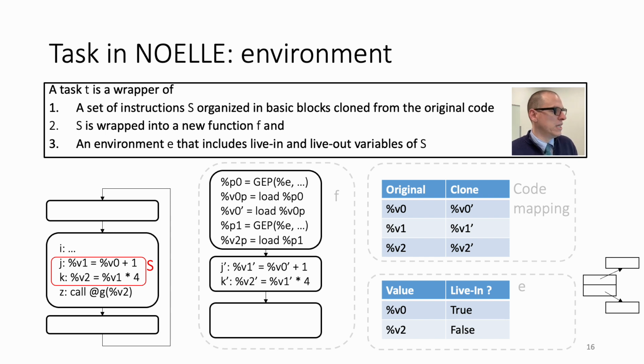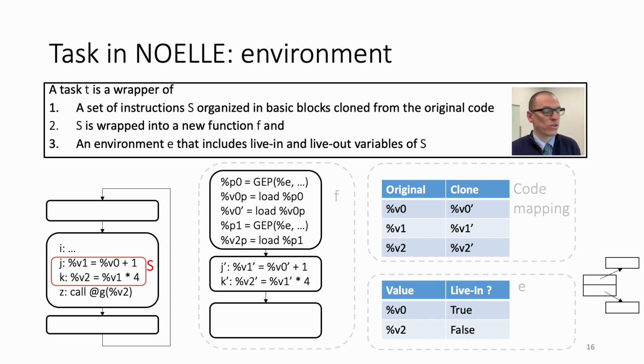But also this code has a live out, %v2. Now we don't need to load the value of the live out. We need to store the final value into it at the end of the task execution. In order to do that, we need to fetch the pointer of the location where we're going to store the value of %v2.